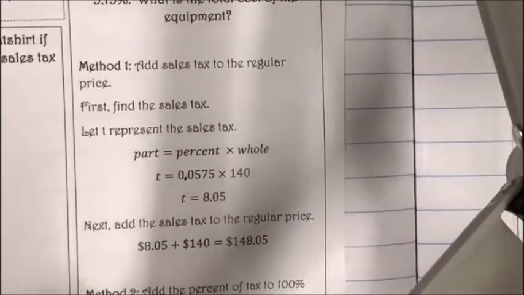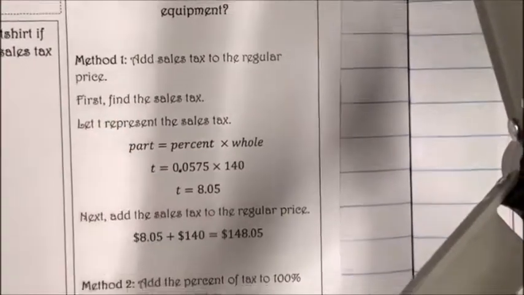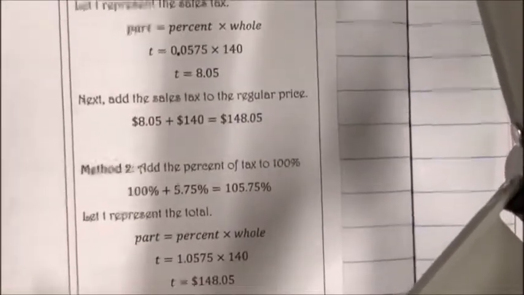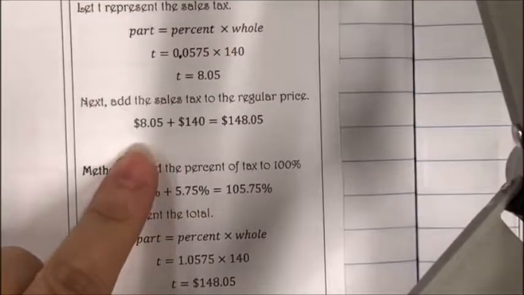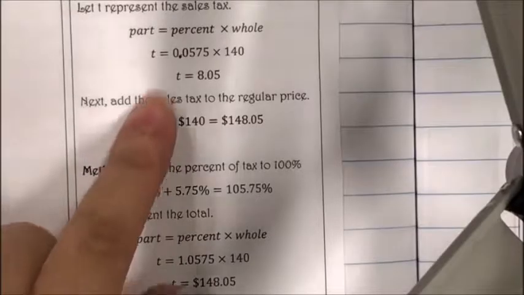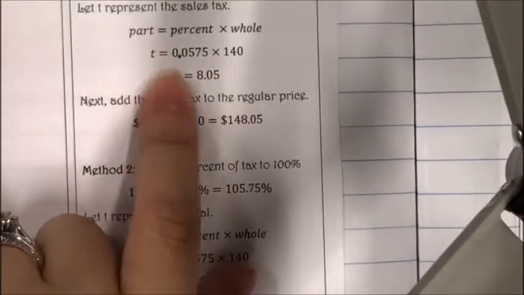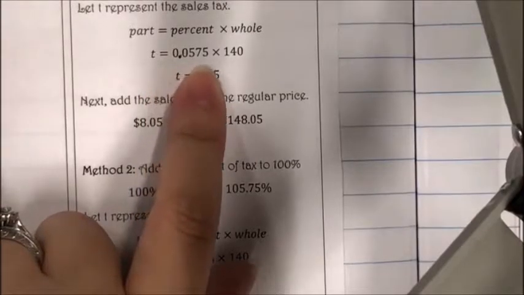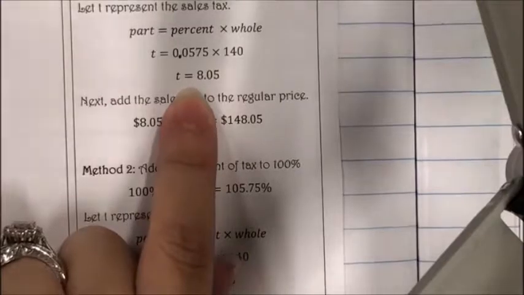to the regular price. Okay, so first I have to find the sales tax. Let T represent the sales tax. So I do part equals percent times whole. T equals 0.0575 times 140, and that gives me $8.05.